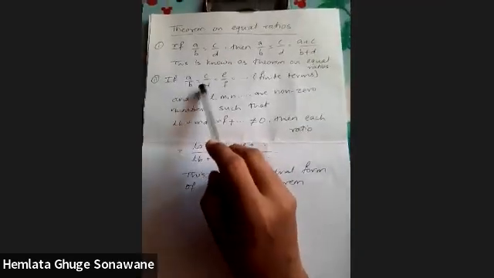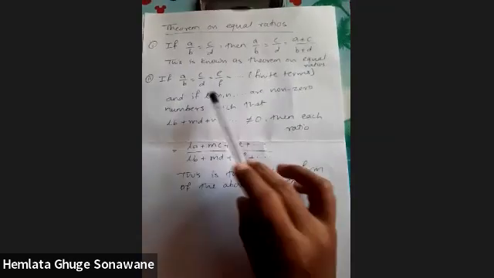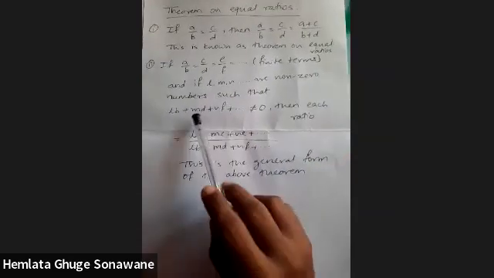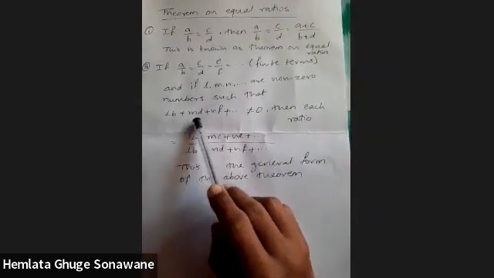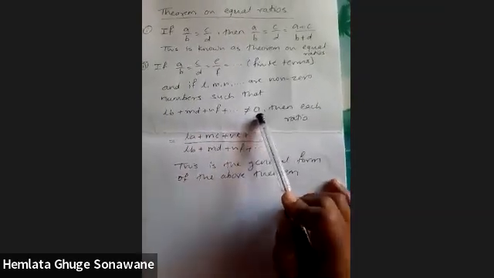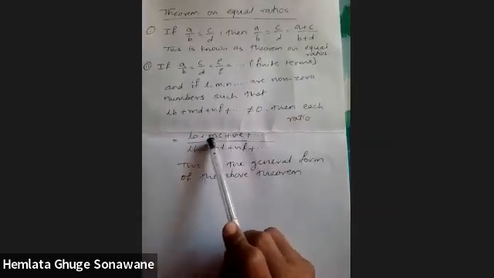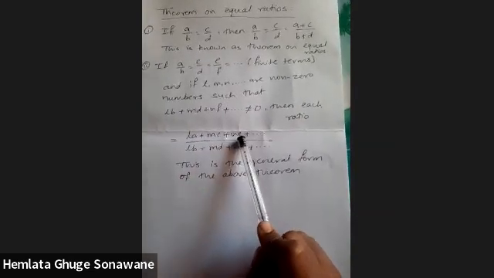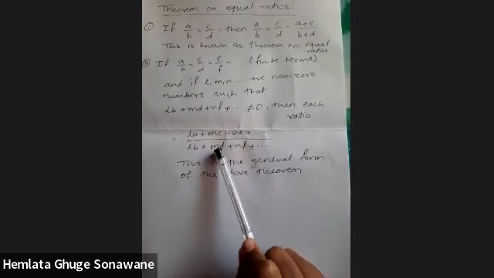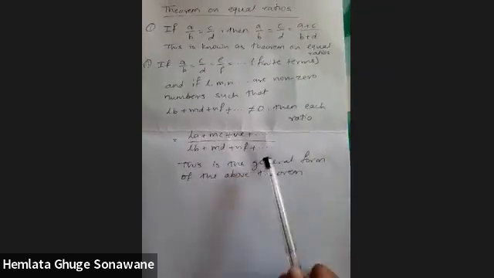If A upon B is equal to C upon D is equal to E upon F and so on, and if L, M, N are non-zero numbers such that L into B plus M into D plus N into F plus so on is not equal to 0, then each ratio is equal to L into A plus M into C plus N into E plus so on divided by L into B plus M into D plus N into F plus so on, whatever the numbers are given.